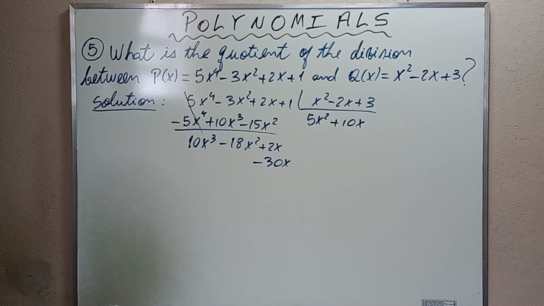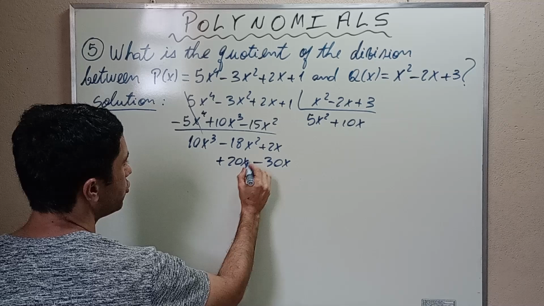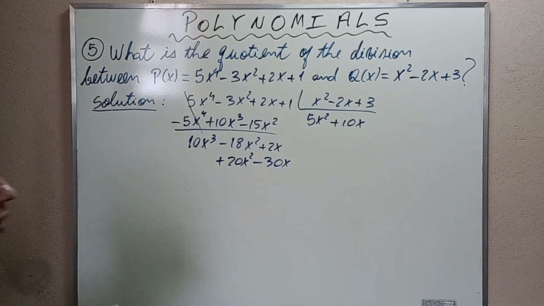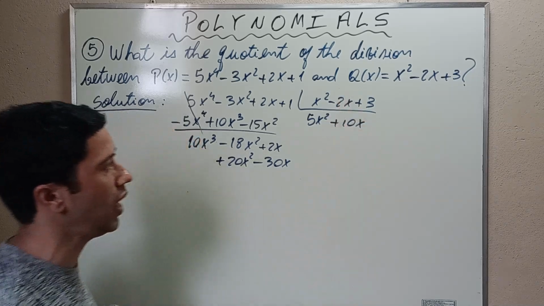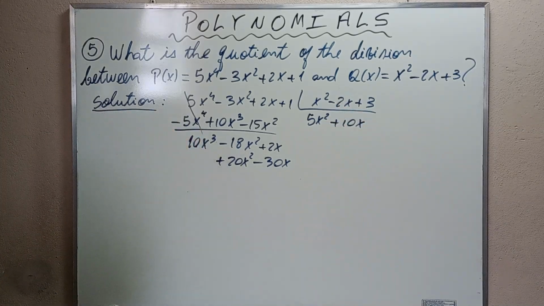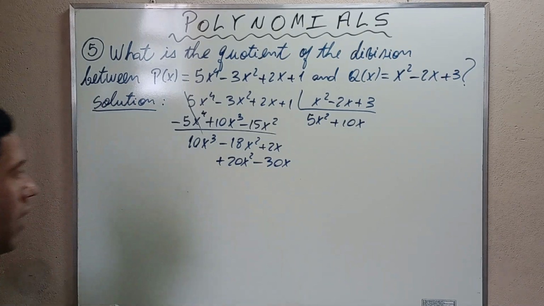Pass to the other side, positive 20x squared.